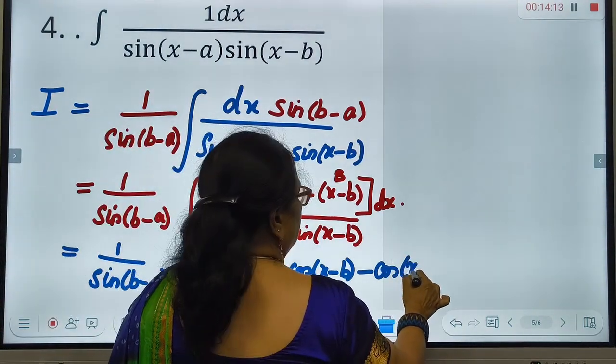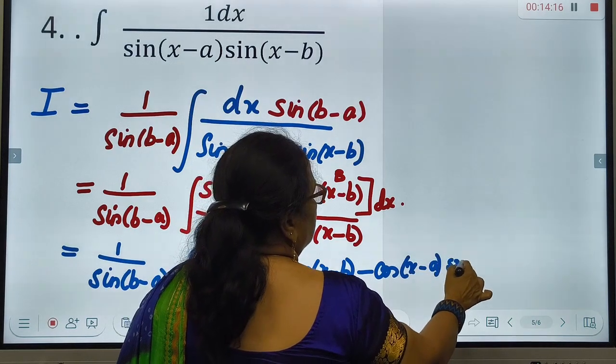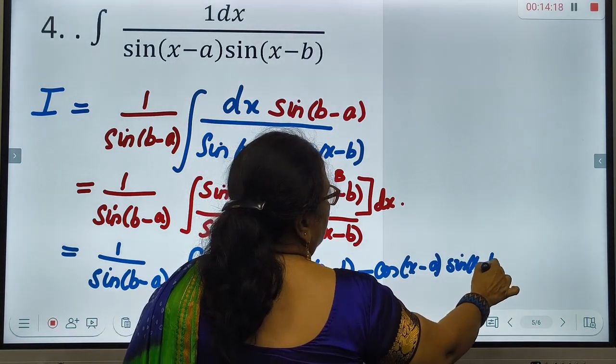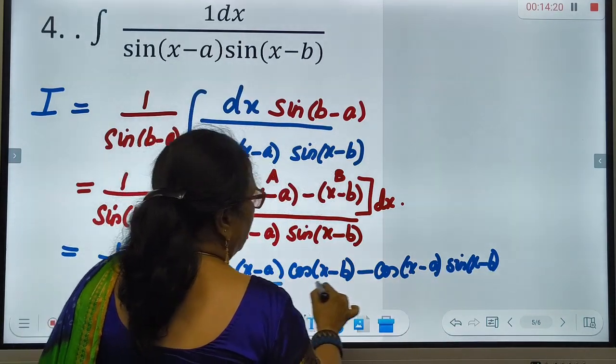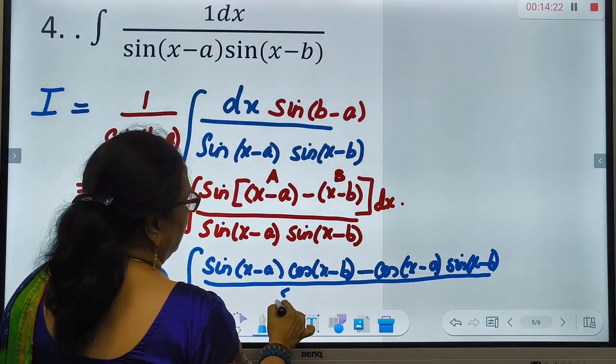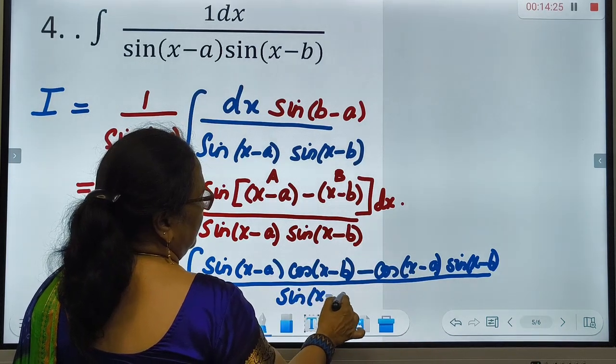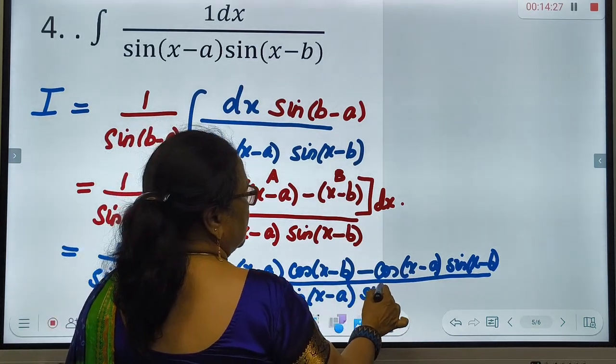Cos a is x minus a, sine b is sine of x minus b, divided by sine of x minus a into sine of x minus b.